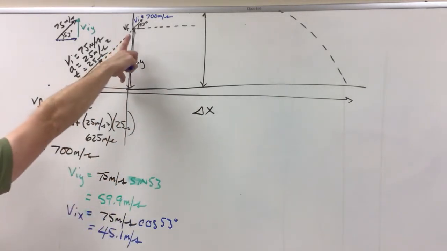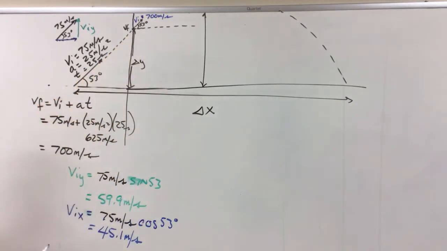Okay, so for the vertical displacement in that first time interval, delta y is going to be v_iy t plus 1/2 a t squared, and that's going to be a in the y. Well, it's plus because we're still accelerating.